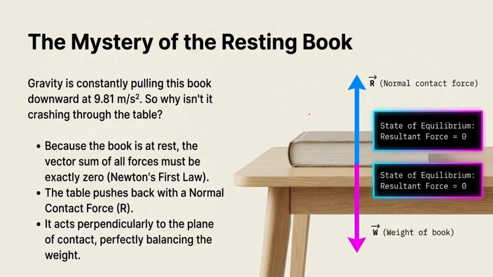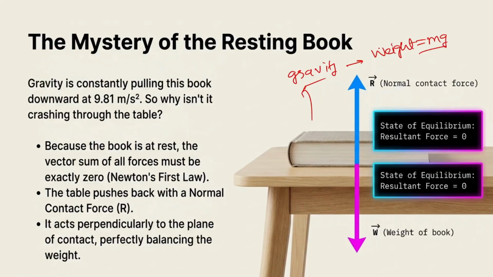The book is at rest. That means some force opposes this force due to gravity, which we will call weight. Weight is given by m into g.